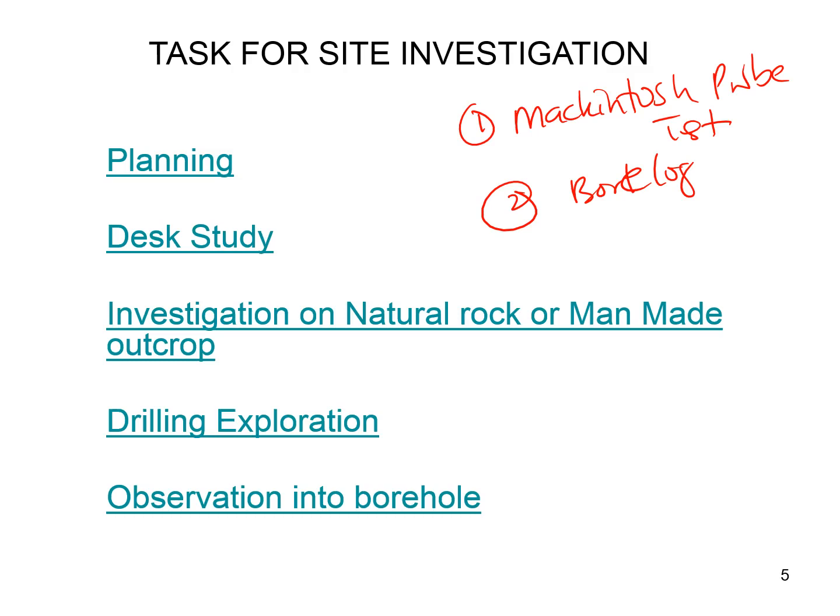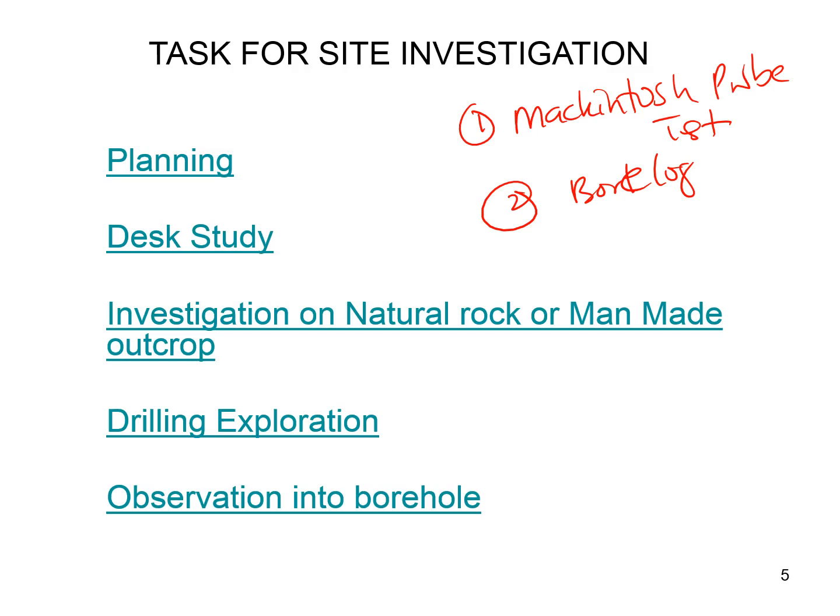Then if you want to get details for the characteristic underground, the borehole sampling can be used. For borehole, normally it will use drilling machines to get the earth sampling, depending on the certain depth required.